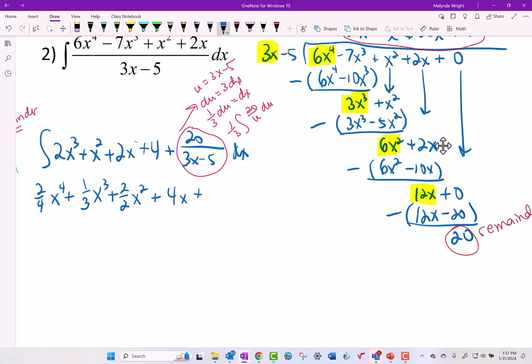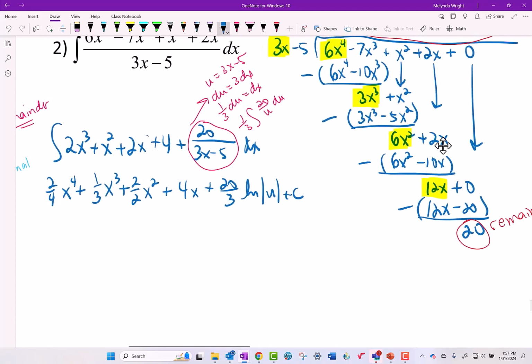Then I've got my u sub, right? So it would be 20 over 3. That would be my constant. The antiderivative of 1 over u would be ln u plus c. Okay, now we're just in our cleanup phase.